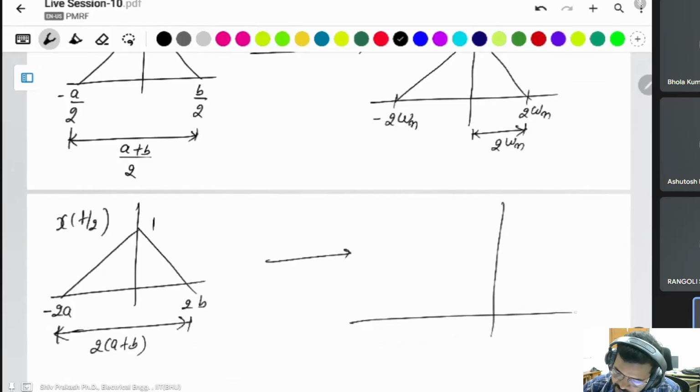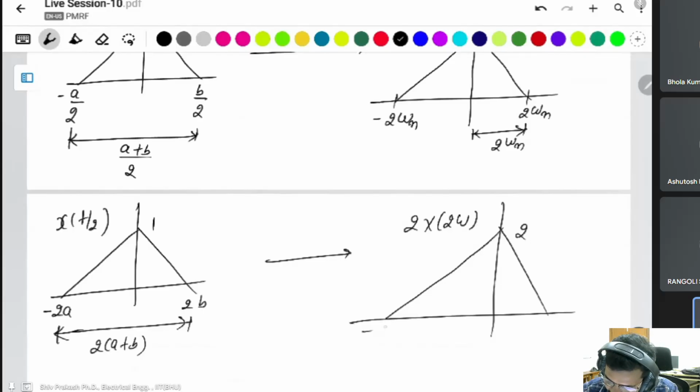Same thing for the frequency domain. Alpha is 1 by 2, it means 1 by alpha, this will be 2 X of 2 omega. Magnitude of this one will be 2, and bandwidth will be half.